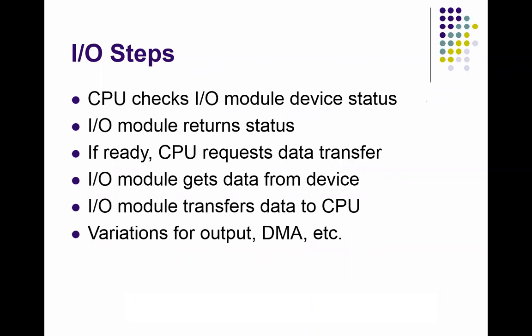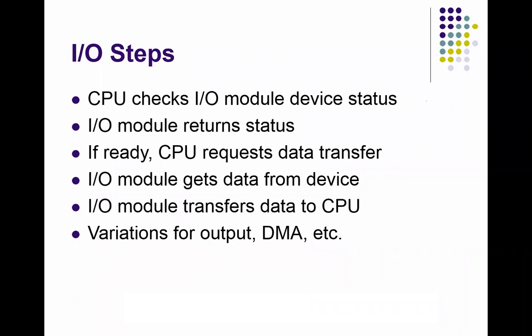After it is ready, the CPU waits for the data transfer, and the IO module gets the data from the device. Who gets the data? The IO module. As we have discussed earlier, the CPU does not directly communicate with the input output peripherals.